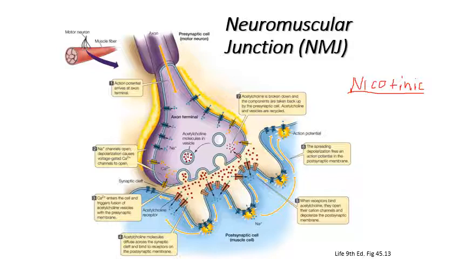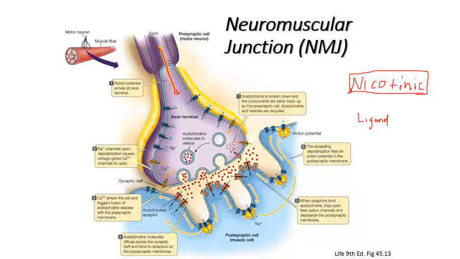But let's look at nicotinic receptors. These are the ligand gated ion channels, or chemically gated ion channels. So when acetylcholine is released, let's walk through this. We have the action potential coming down.